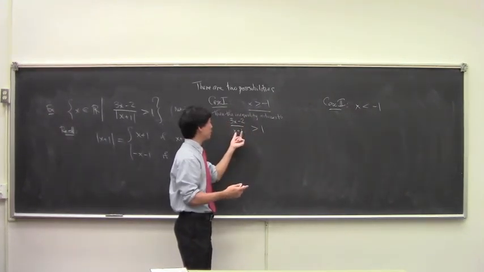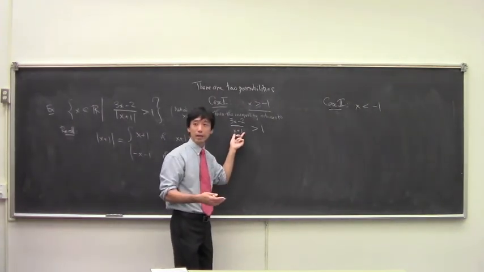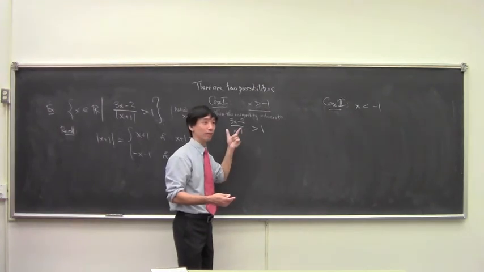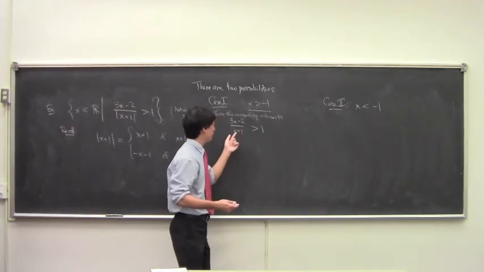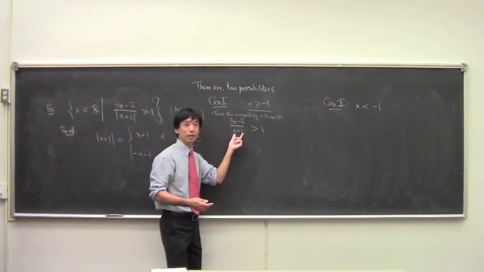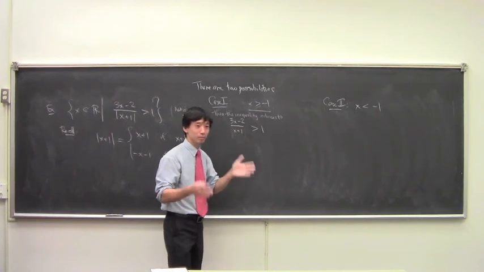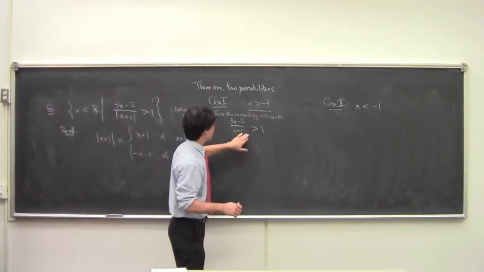If x is bigger than -1, then this thing is positive. We've fed the absolute value a positive number, so you can just pull off the absolute values.